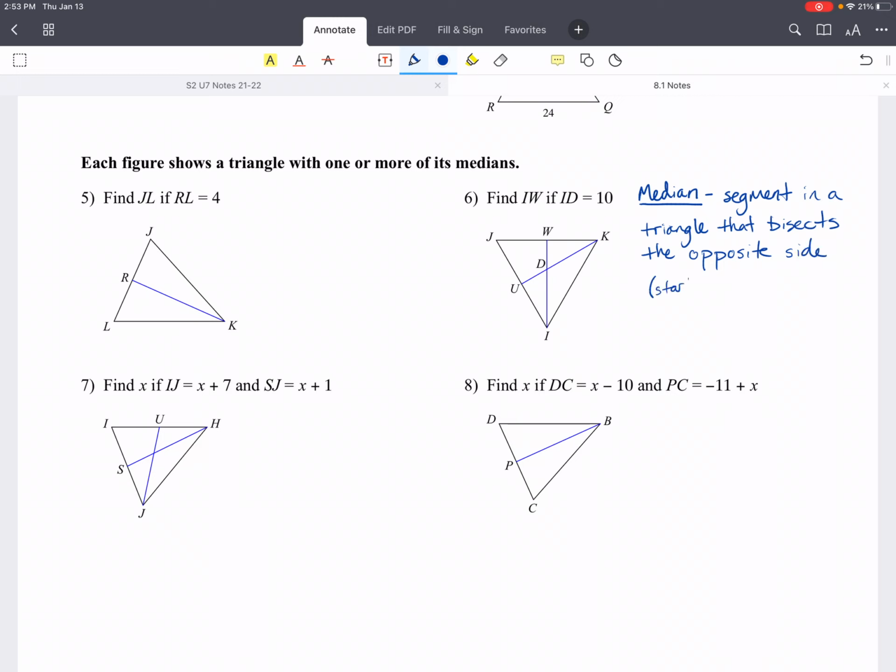And I should say that this starts at a vertex. Vertex meaning a corner of the triangle.